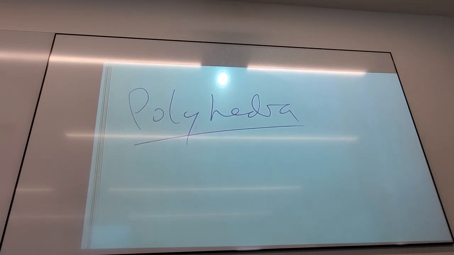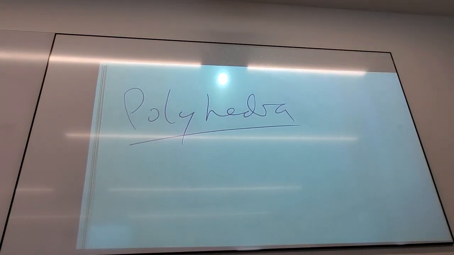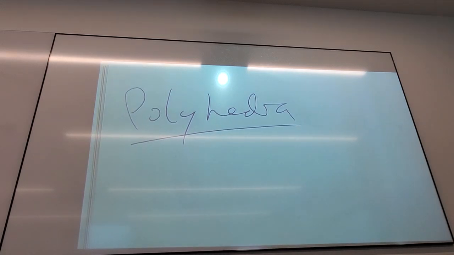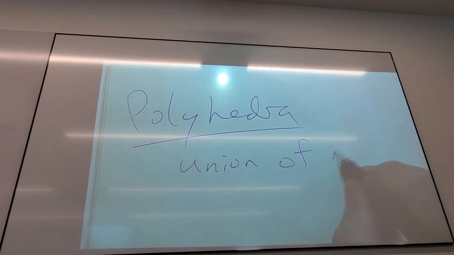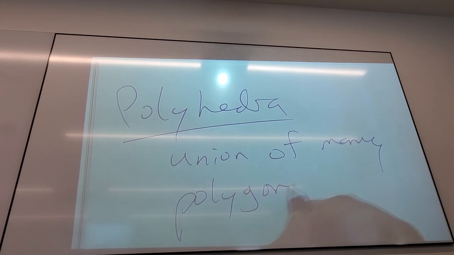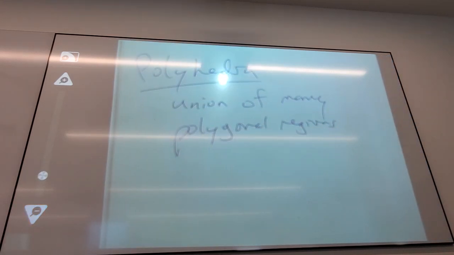Guess what this is officially defined as? If I take a bunch of polygonal regions, this is the union of many polygonal regions. Let me be more specific, because there's more to this.